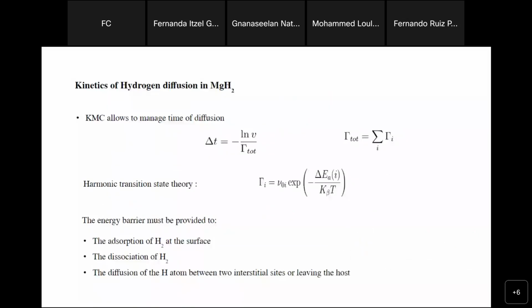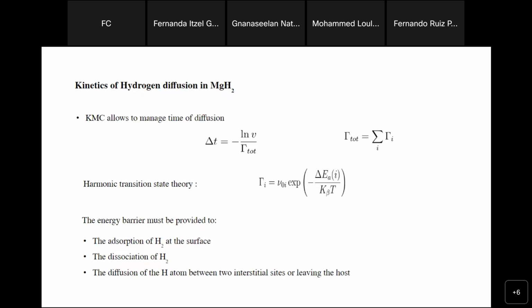In order to study the diffusion of hydrogen in the magnesium hydride, we use the kinetic Monte Carlo. Such a method allows us to manage the time of diffusion, and the time between two hops of hydrogen is distributed according to an exponential distribution with a mean of 1 over gamma total.